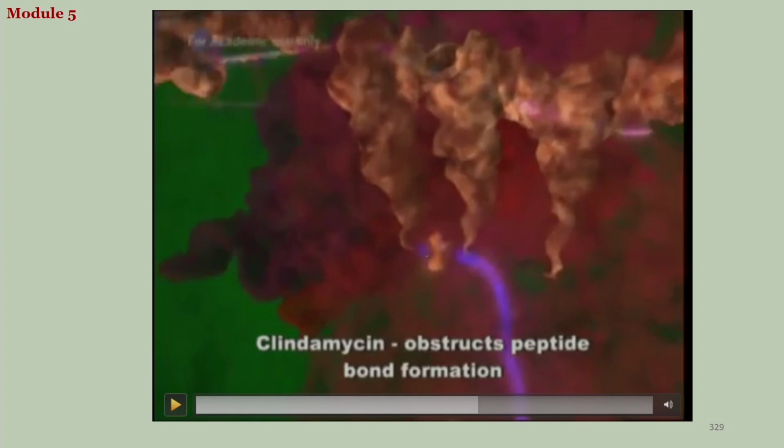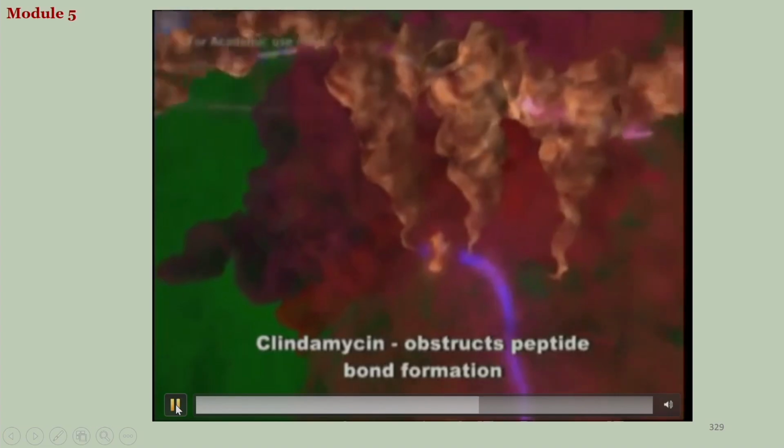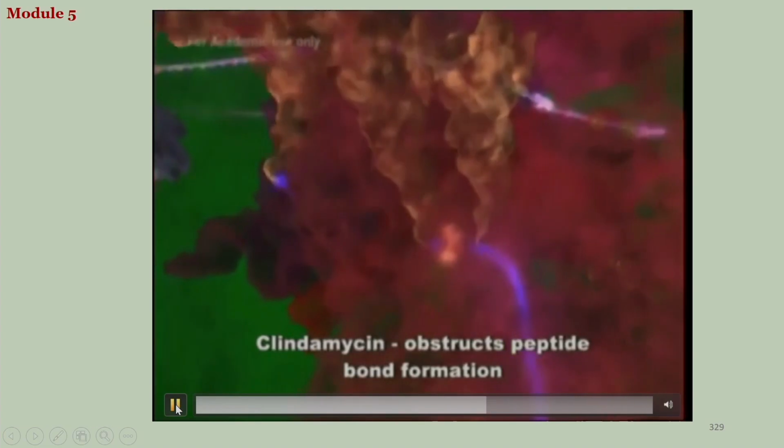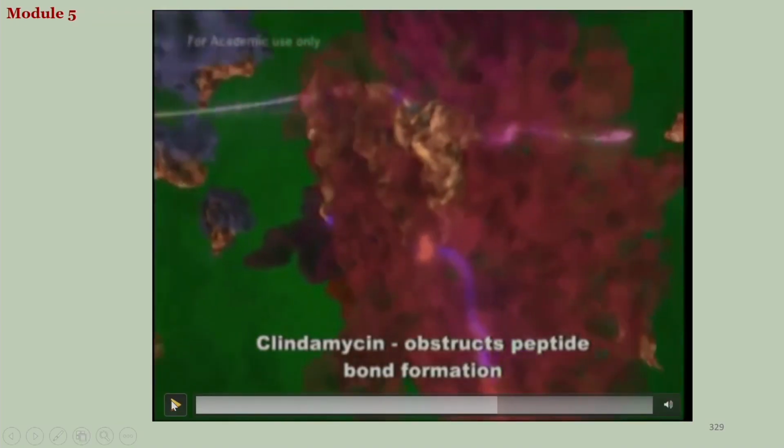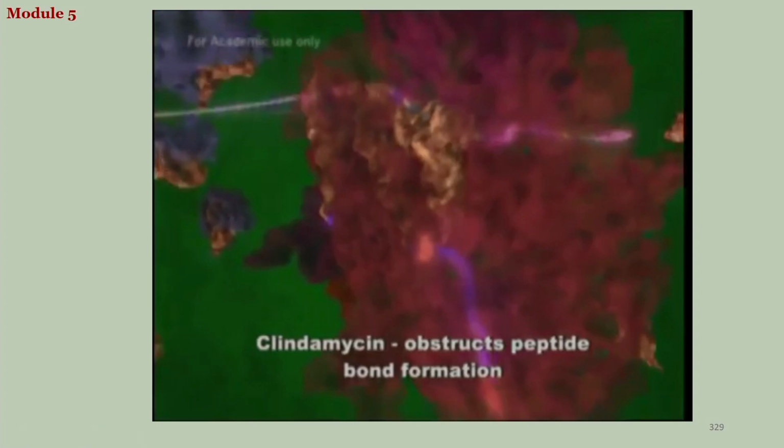The reaction of the free amine of this newly approached amino acid to this peptide chain here cannot occur. So it inhibits the peptide bond synthesis. See, this cannot happen. If it stopped, then the other amino acids or other tRNA cannot come.